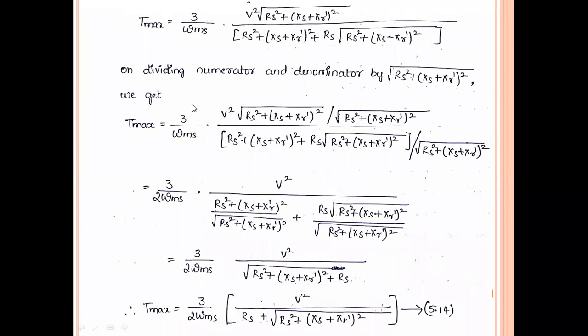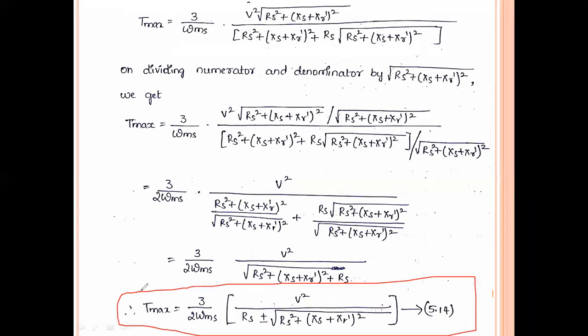After simplification, this will be our final torque expression, which is equation 5.14. And this expression is the maximum torque that can be obtained from an induction motor.